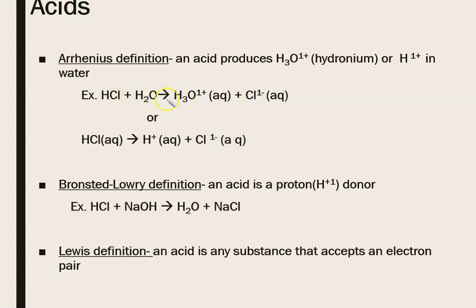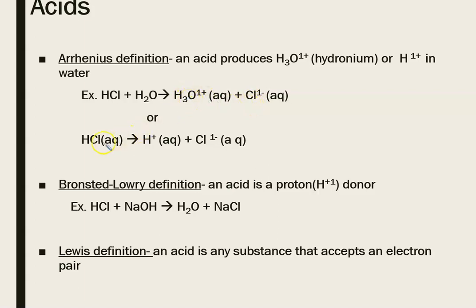If I put HCl in water, the hydrogen comes off of the chloride ion and attaches itself to a water molecule, making a substance called hydronium, which is water with an extra hydrogen, so it's a charged particle. So you're going to get hydronium ions floating around and chloride ions floating around.